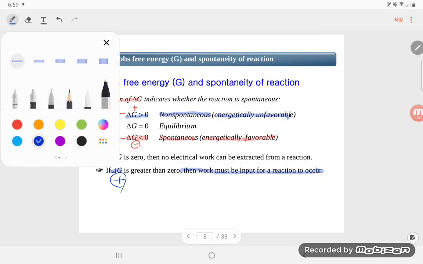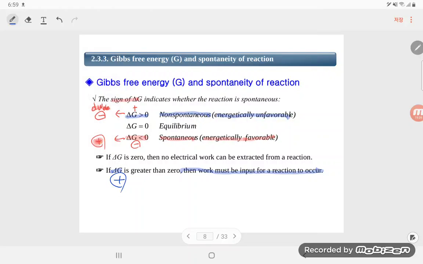Okay, so we should find a delta G with a minus sign, to make useful work. Okay, useful work.